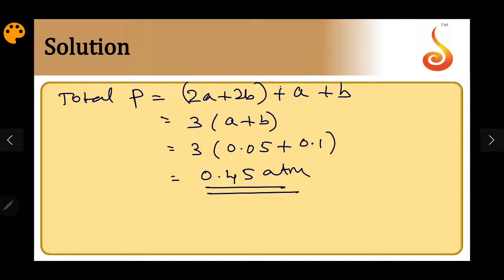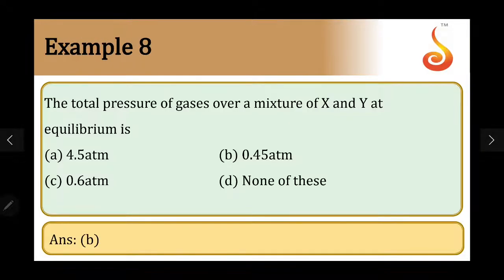So that is the answer for this particular question. The total equilibrium pressure over the mixture of two solids at equilibrium is 0.45 atmosphere. So we'll go to the options. Option should be B.